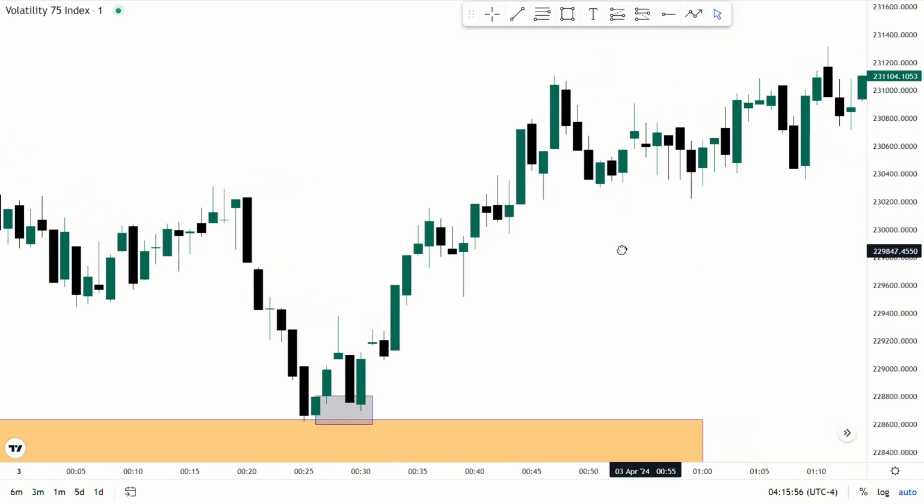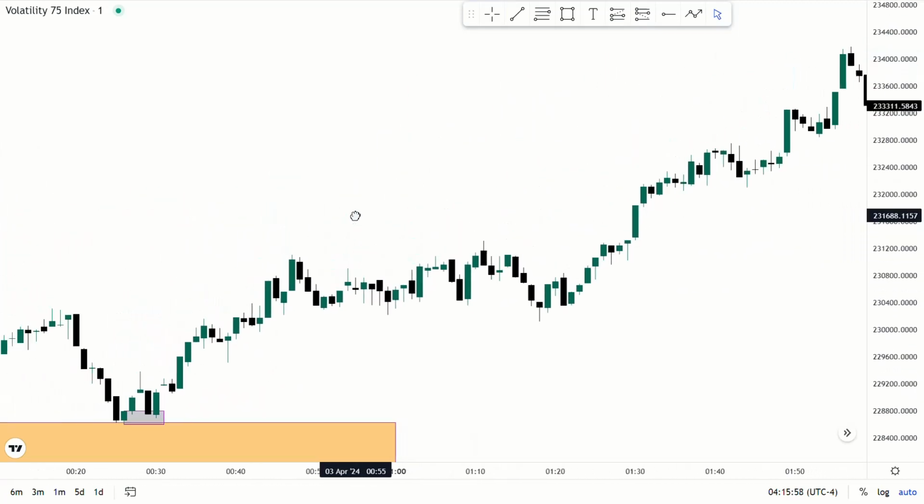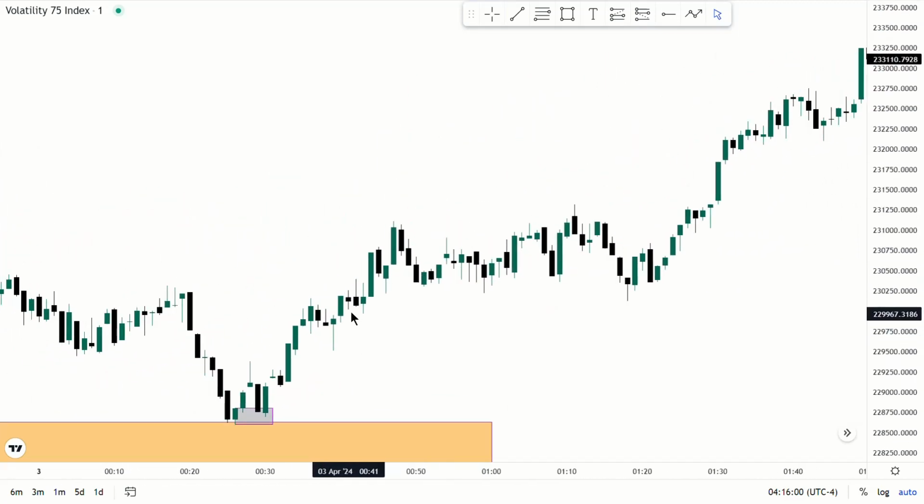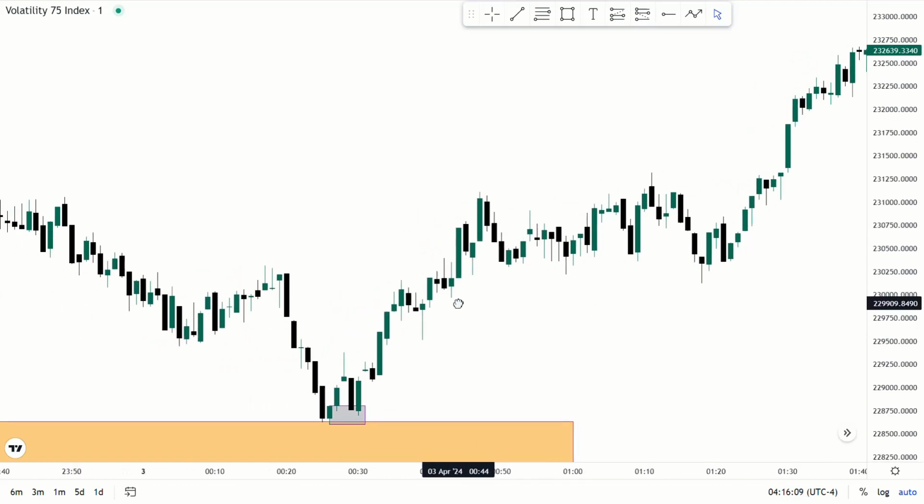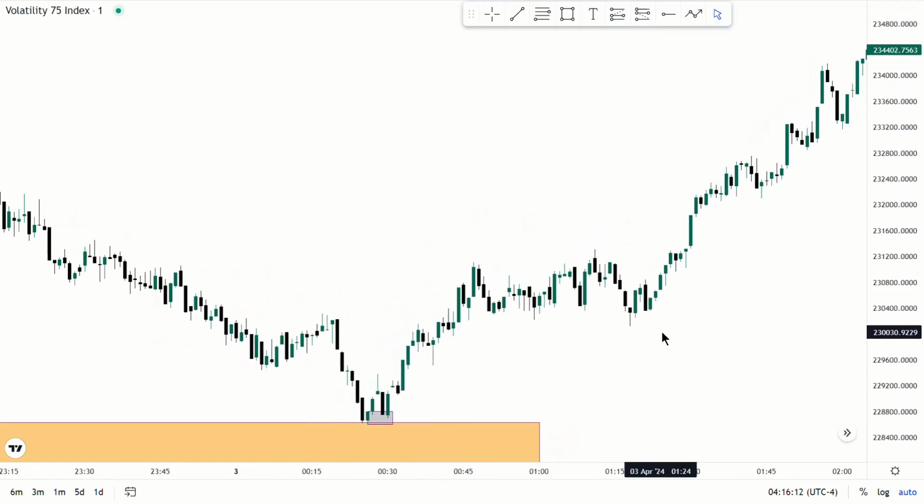And then the market came down, got some inducement there. Then there was some sort of single candle order block, and then the market just continued.